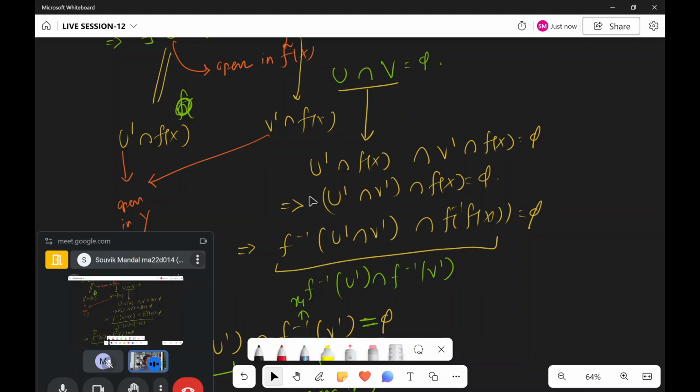So now we are applying f inverse to both sides. Inverse always behaves very well with intersection. So this tells that f inverse of U prime intersection f inverse of V prime intersection f inverse of f of X is empty.